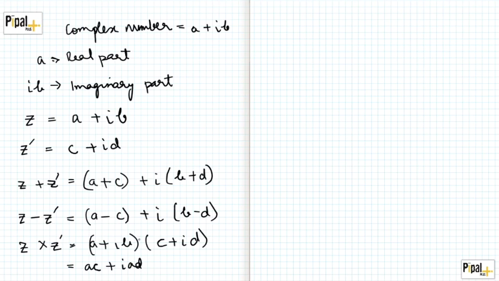So A multiplied by C, A multiplied by iD, plus i times BC, plus, now notice that iB into iD will give us i square into BD, right?